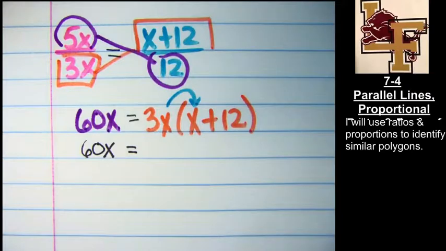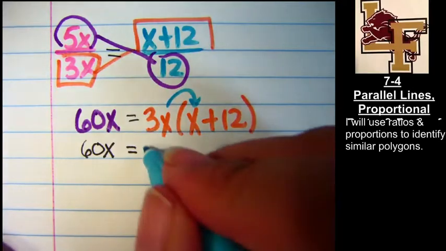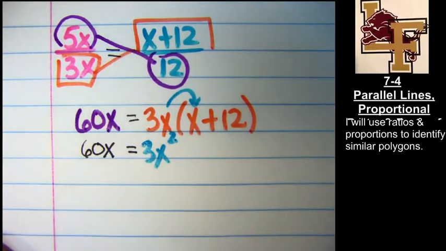Now, in reading your 7-1 homework assignment, I saw quite a number of people looking like they're not quite sure how to handle x times x. A lot of you are turning it into x plus x. Yes, and so x times x is x squared. So 3x times x is 3x squared. Good.